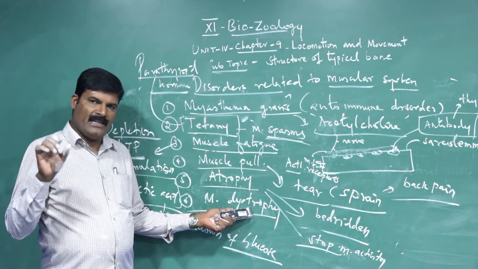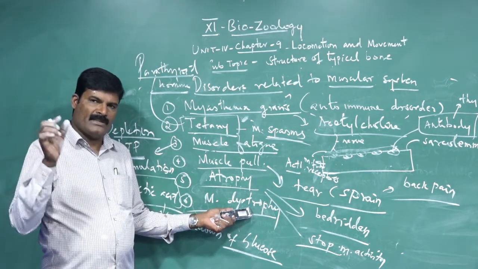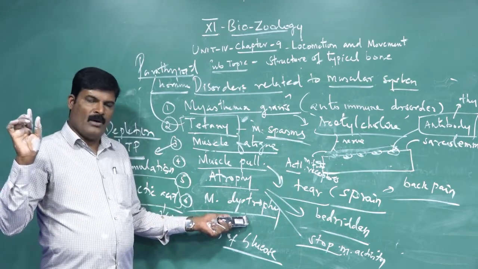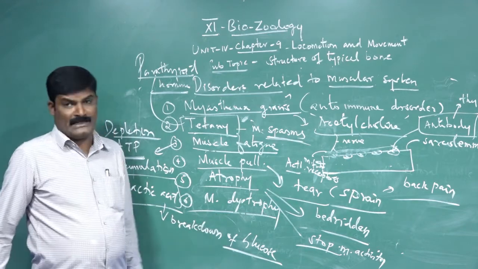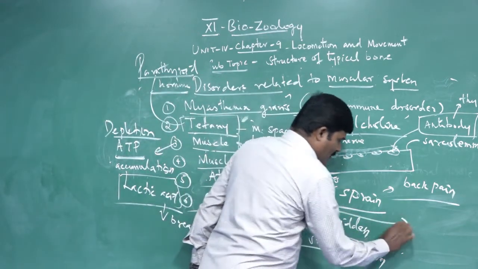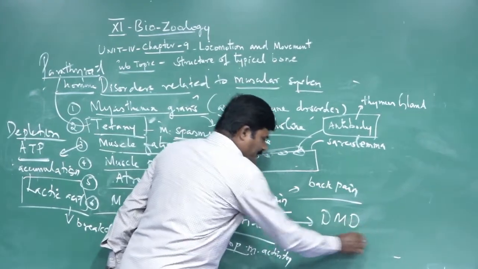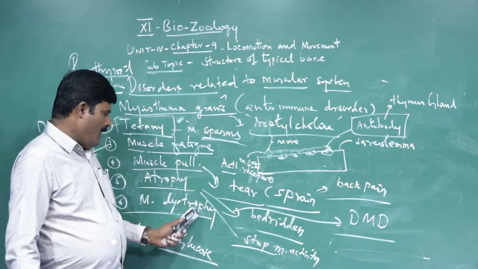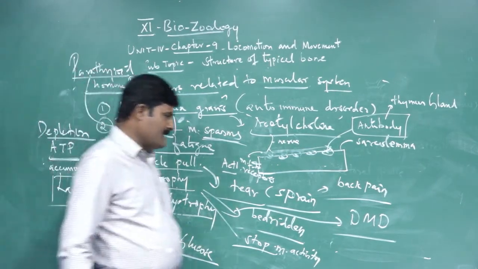The progressive degeneration of the muscle leads to muscular dystrophy. One of the most common types of muscular dystrophy is Duchenne muscular dystrophy, DMD. The common type of muscular dystrophy is DMD.